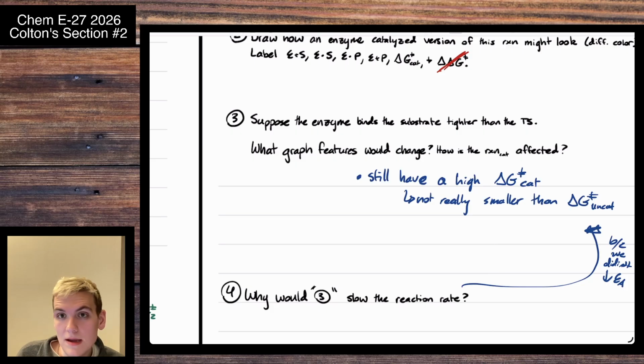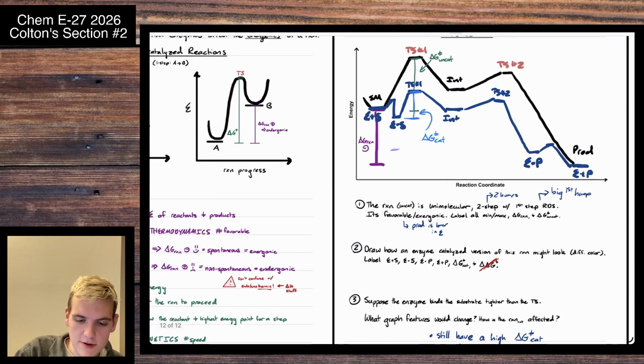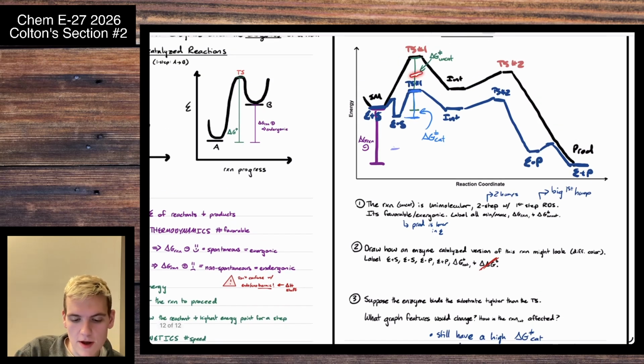The other thing is, if we have stabilized our enzyme substrate complex, if that's the most stable thing, the enzyme substrate complex will be lower in energy. So it's going to probably be down here. And then we're still going to have a really big energy barrier. So we have this kind of well, and honestly, it's probably going to get stuck there.